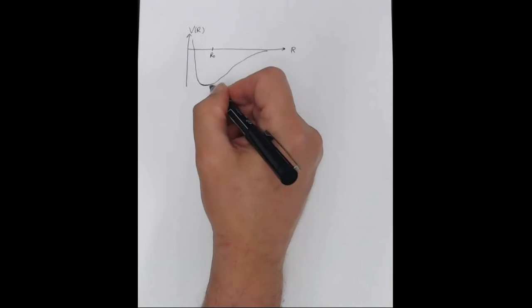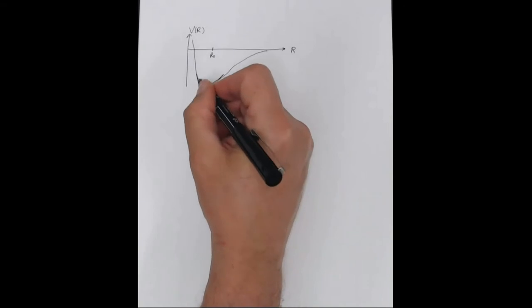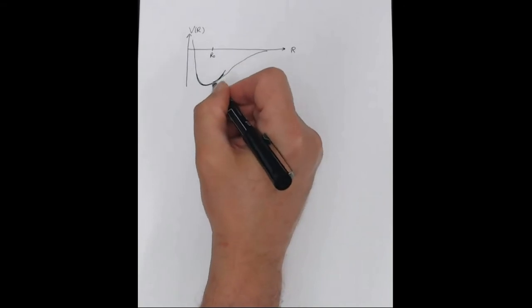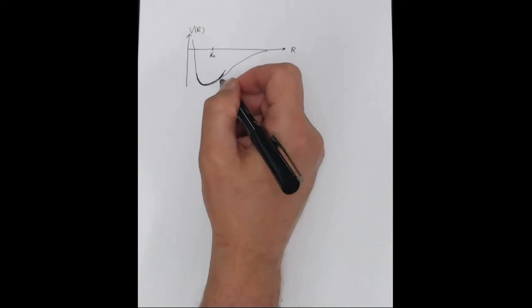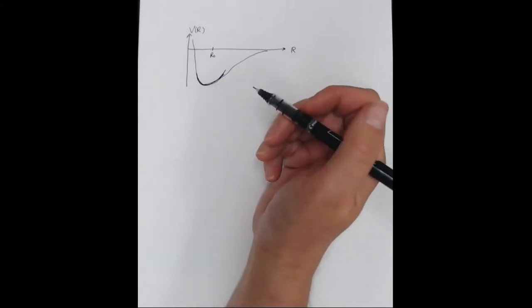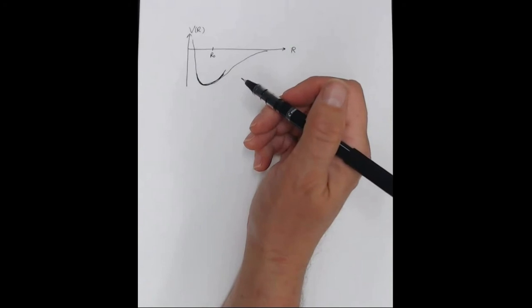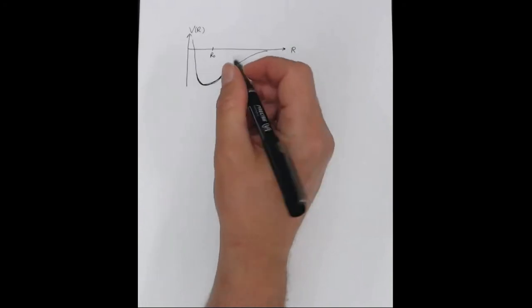Around the equilibrium point, realize that the potential well looks like it has a quadratic term.